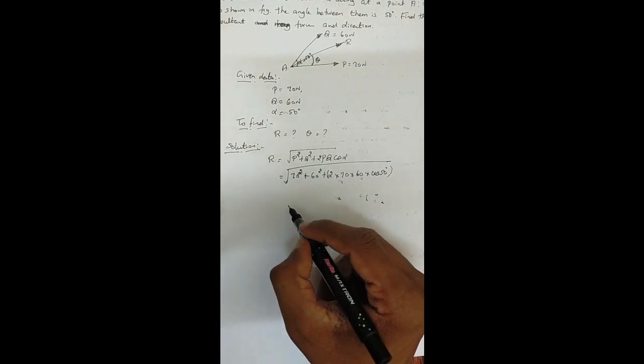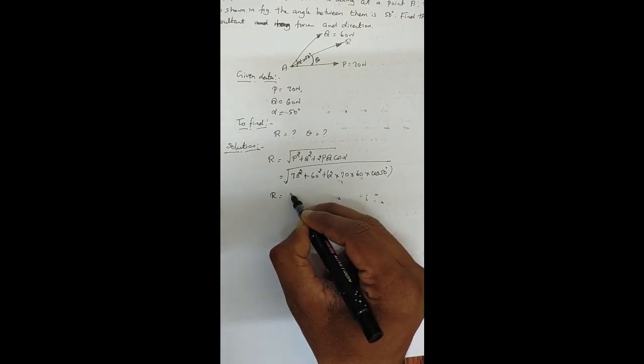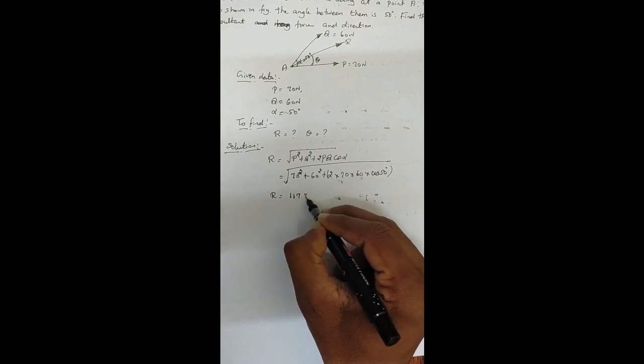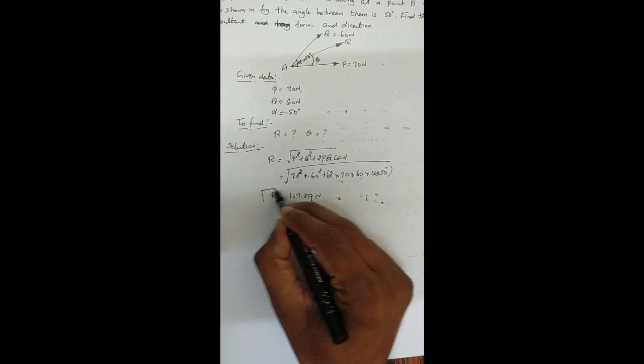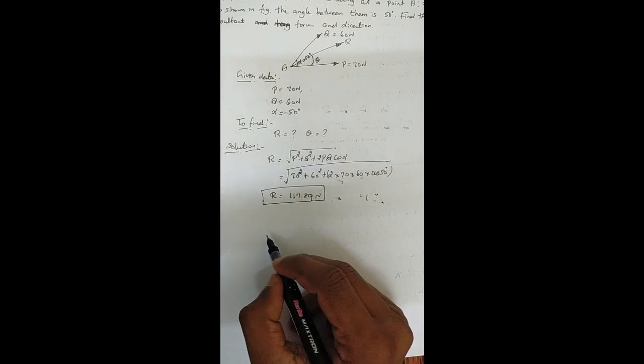When you solve this equation, you will get the value of resultant force, 117.89 Newton. Okay, the first part is over.